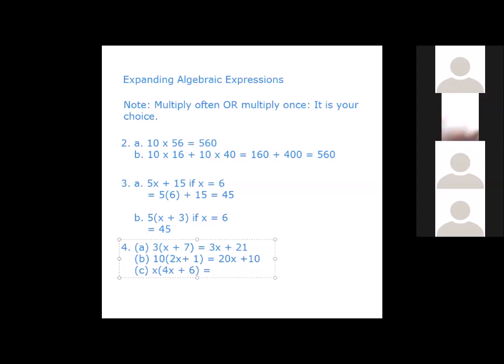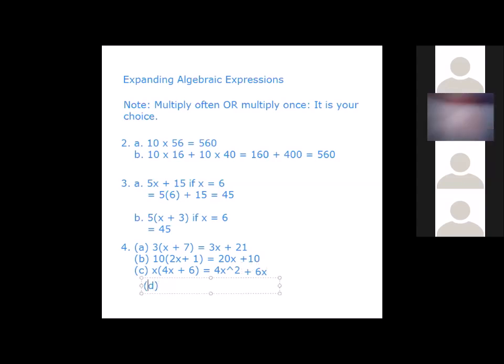So the terms are 4x and 6. We will multiply both terms by x. That means x times 4x is equal to 4x squared. Very good. And then how about x times 6? 6x, ma'am. So plus 6x. That's it.